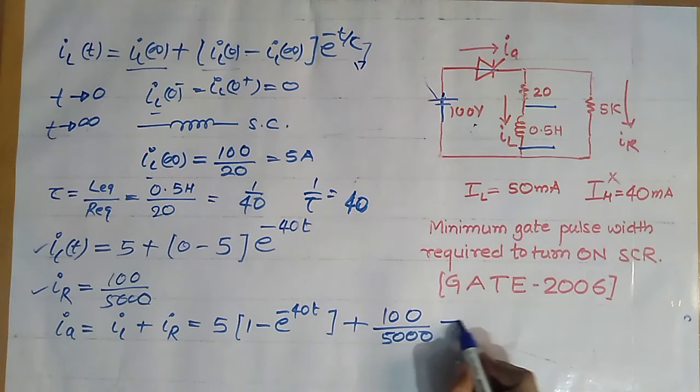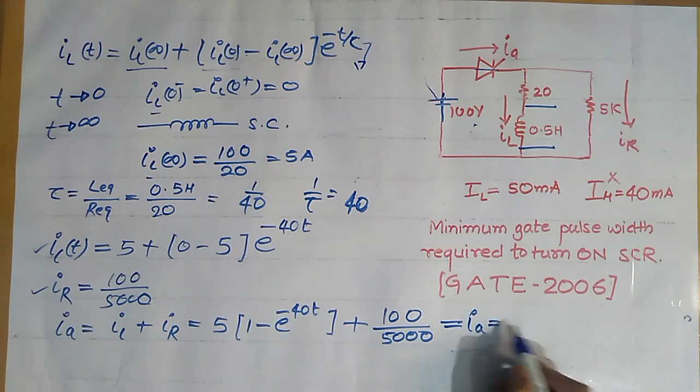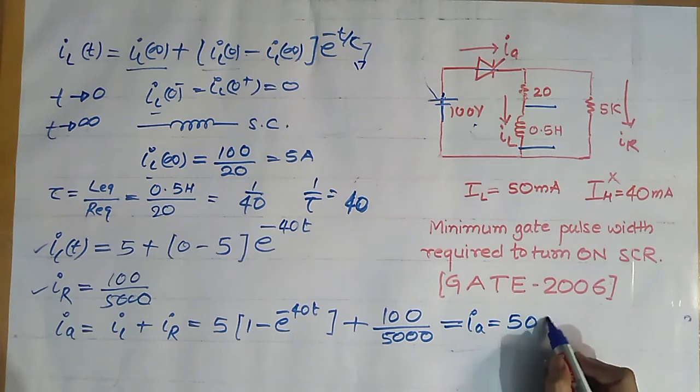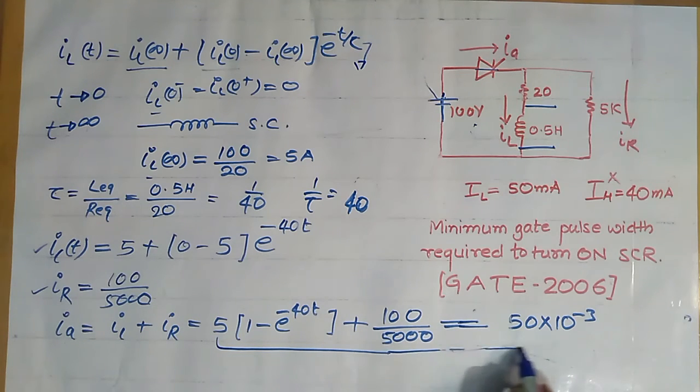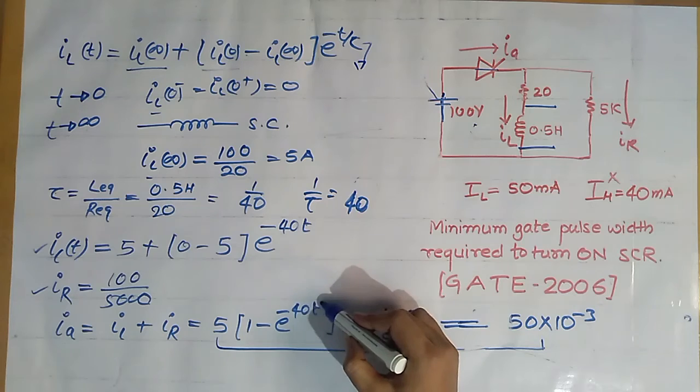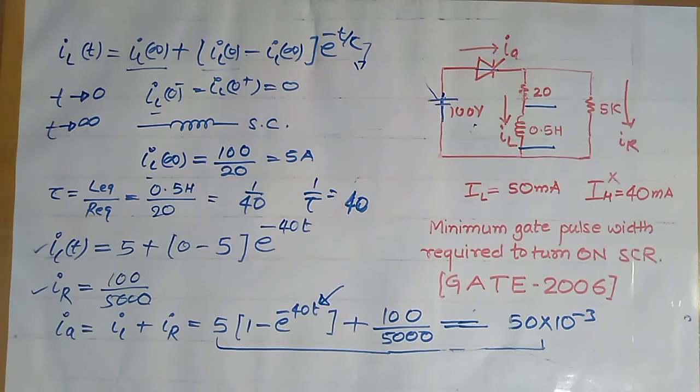So this must be equal to 50 into 10 to the power minus 3. On solving this equation, because there is only one variable here, that is time t, you will get t equal to 150 microsecond. So this is the solution.